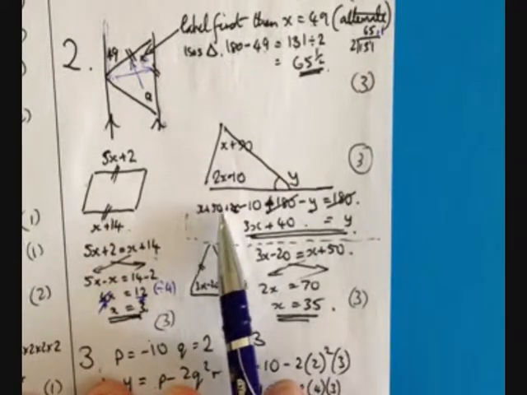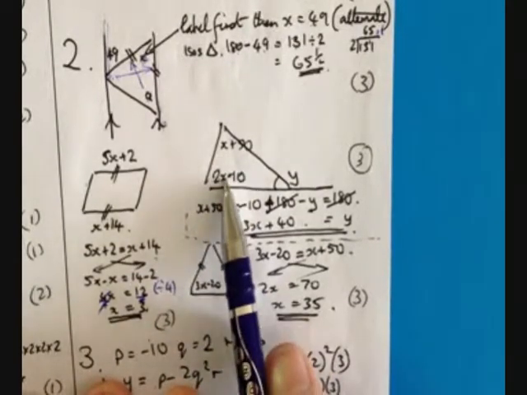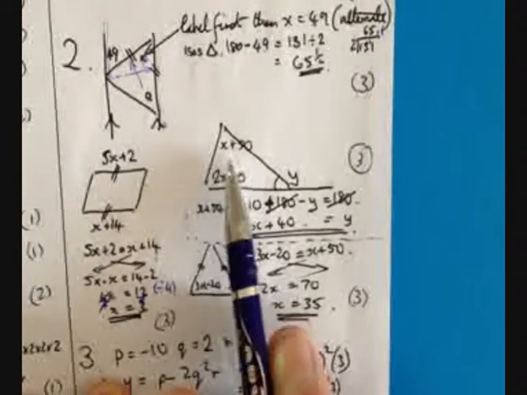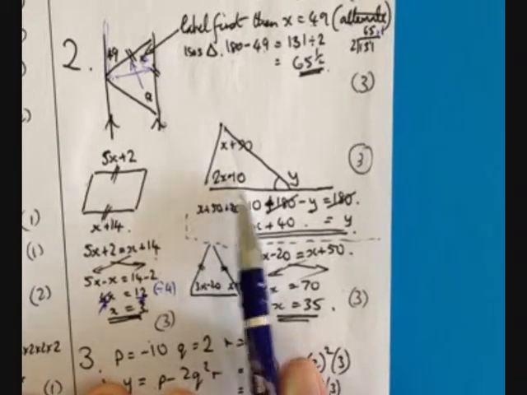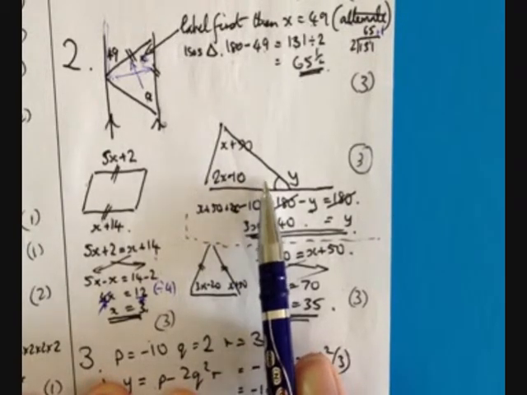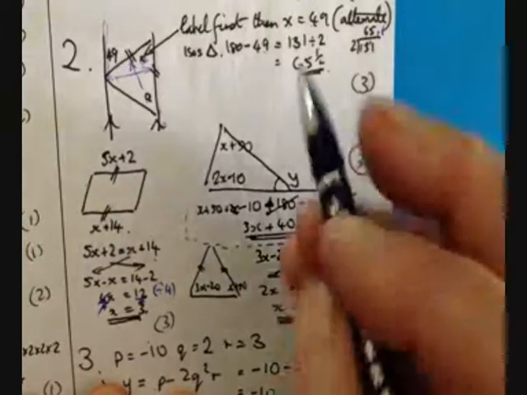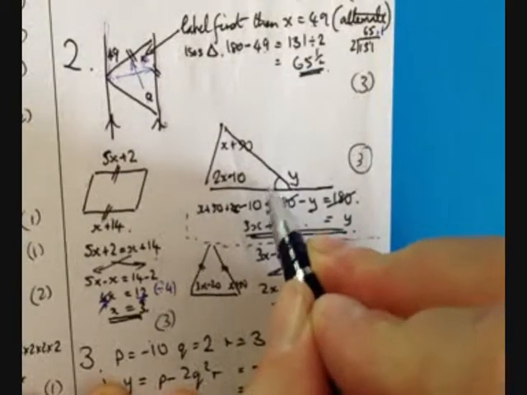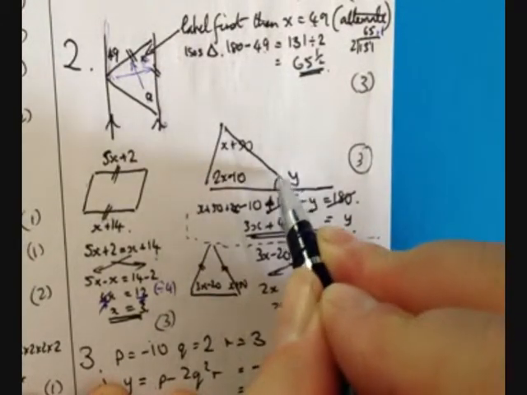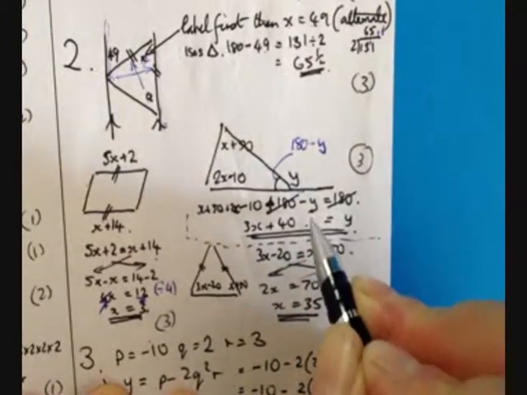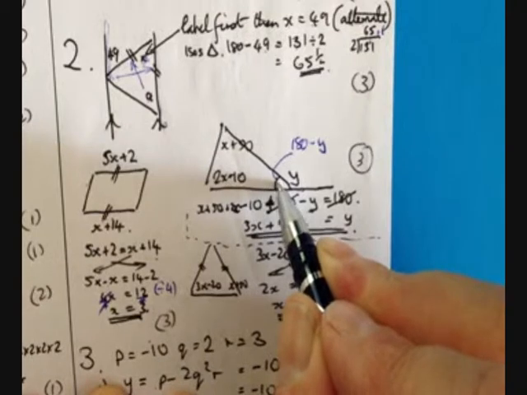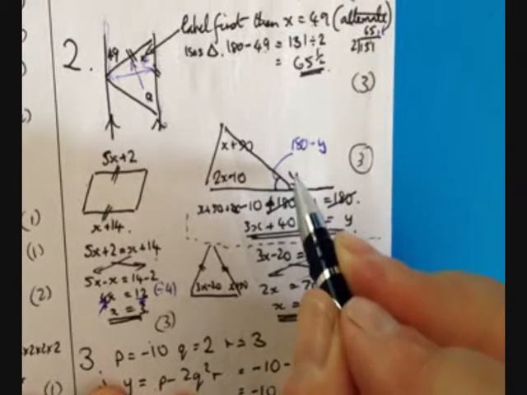Well, again, what I've got here is that these two, x plus 50 and 2x minus 10, and this one makes 180. So if I know that this is a straight line here, then that's 180, so that in there is 180 minus y. Just think, if that was 20, y would be 160.